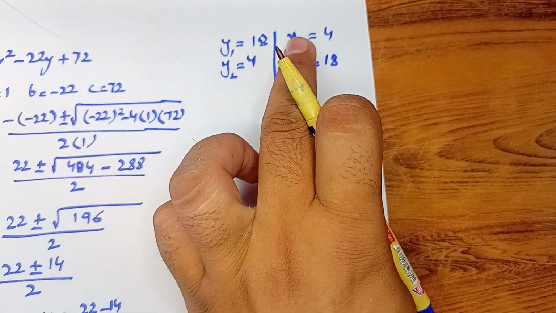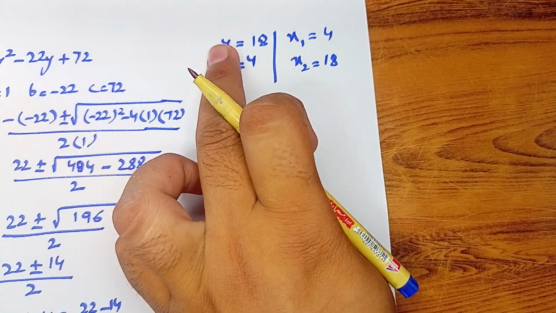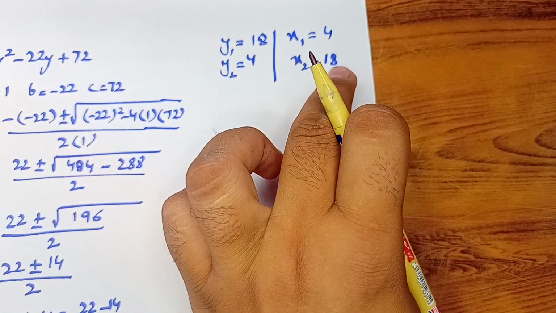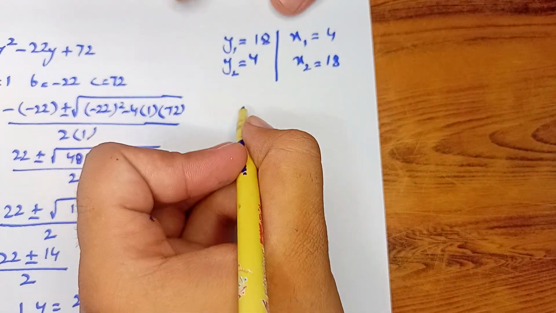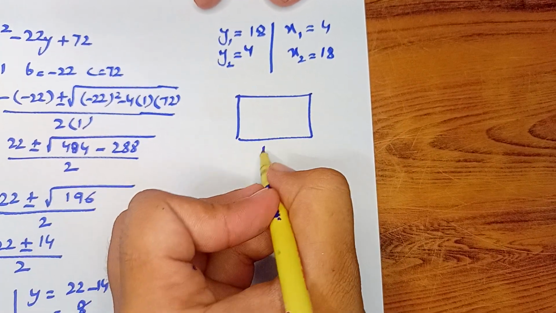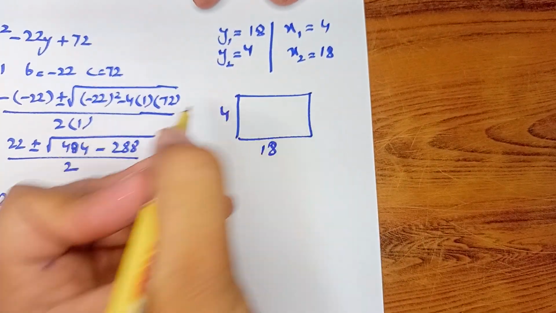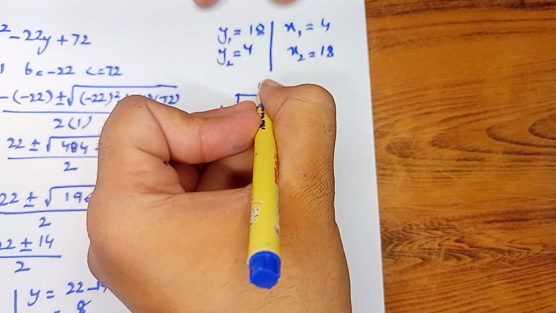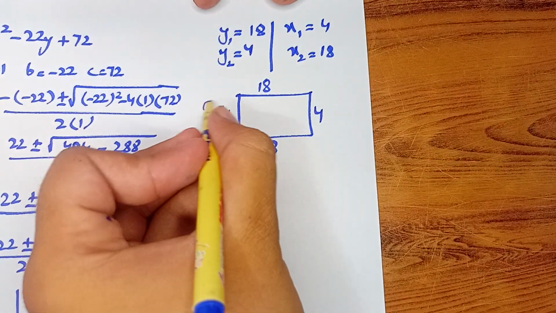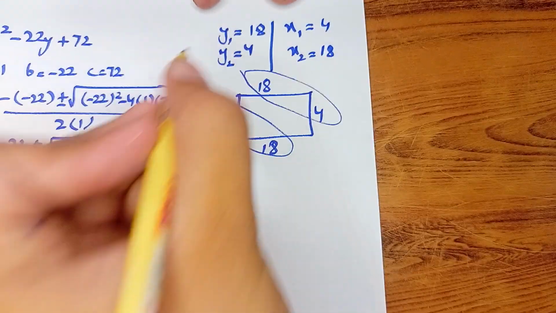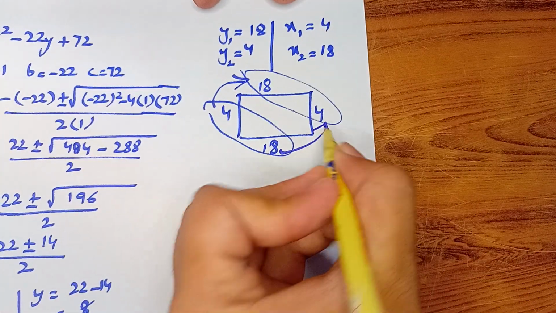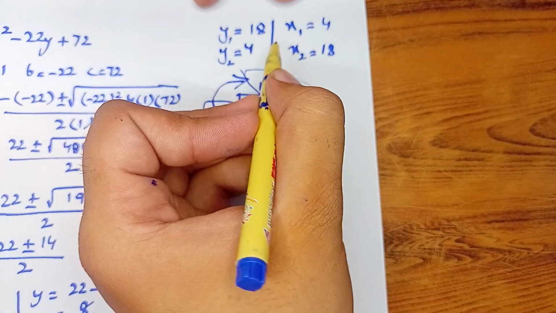If y1 is 18, then x1 must be 4, and if one side is 4 and the second side is 18, it is like a rectangle in which one side is 18 and the second is 4. So 4 corresponds to 18 and 18 corresponds to 4.